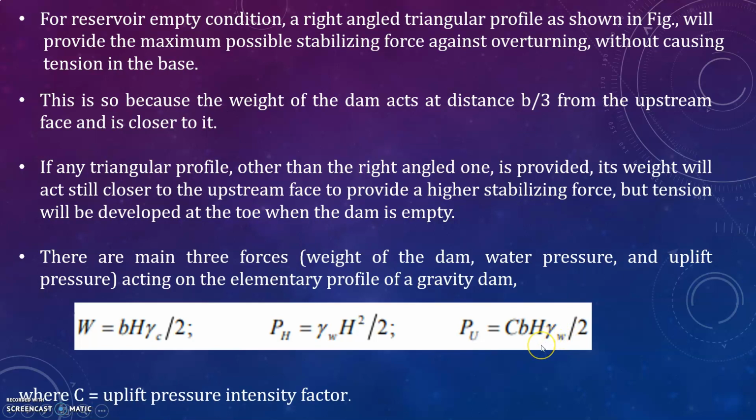Okay, this is about the elementary profile of a dam. Here, this is an imaginary section, triangular and right angled, and mainly three forces are acting here: weight of the dam, water pressure, and uplift pressure.